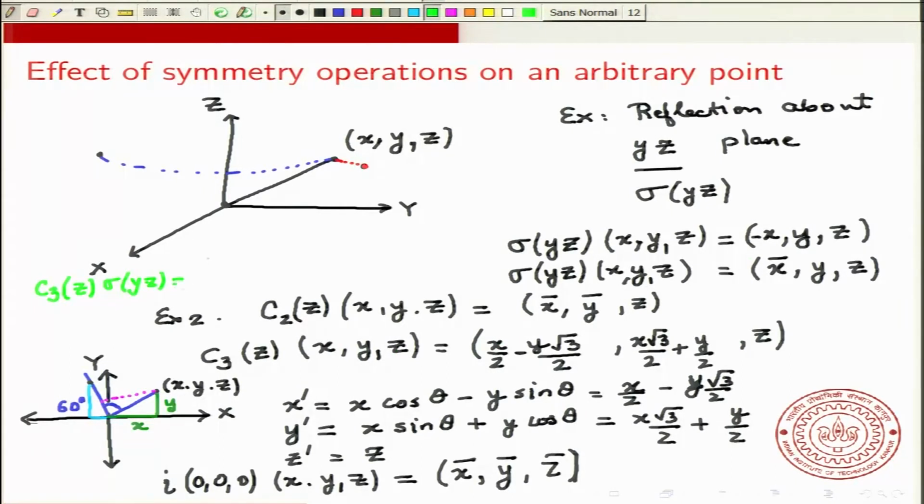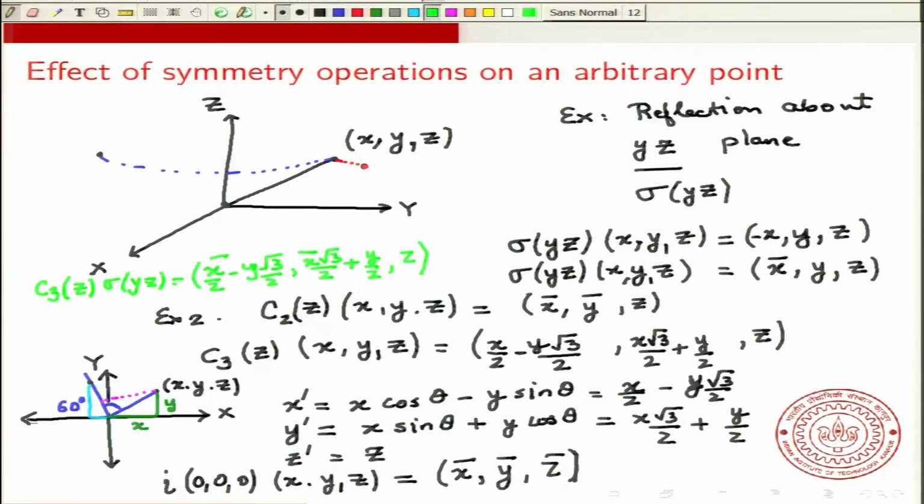So, I will get x bar by 2 minus y root 3 by 2, and then x bar root 3 by 2 plus y by 2, and you will get z.